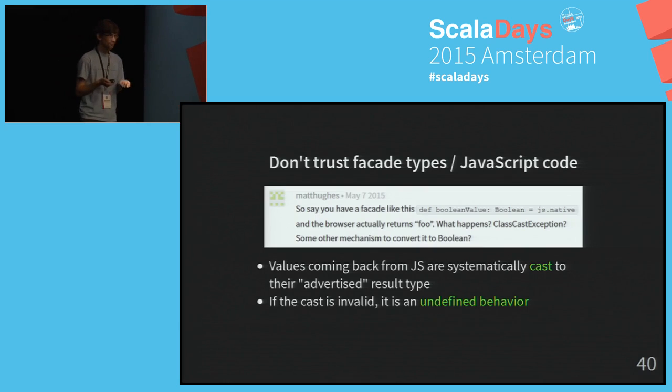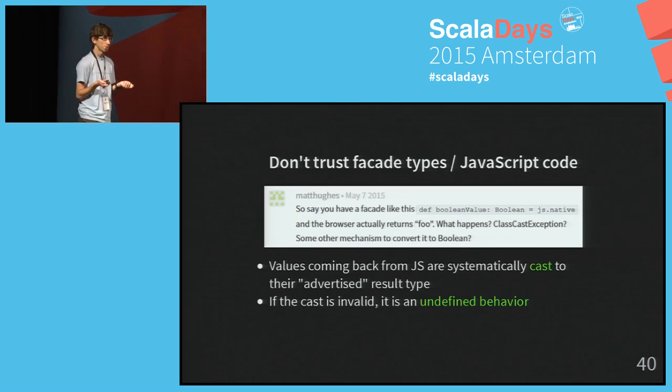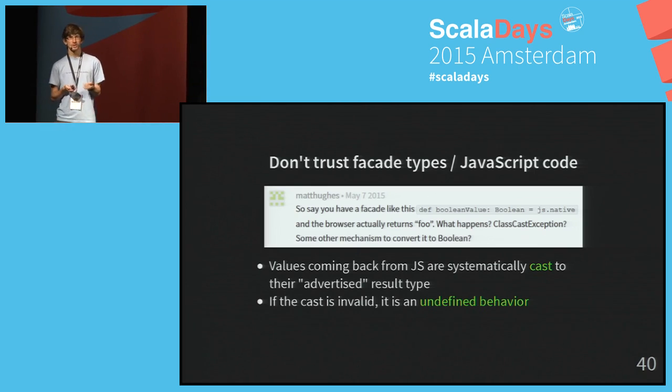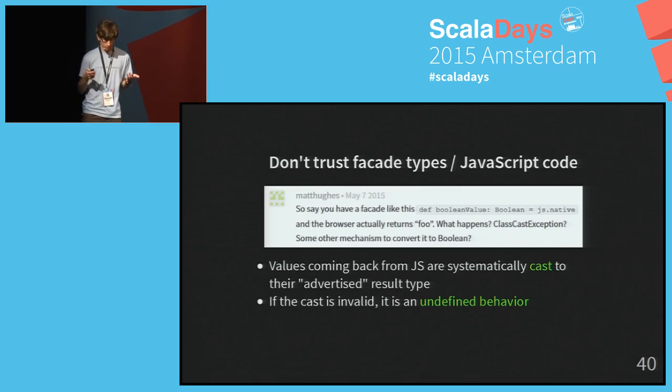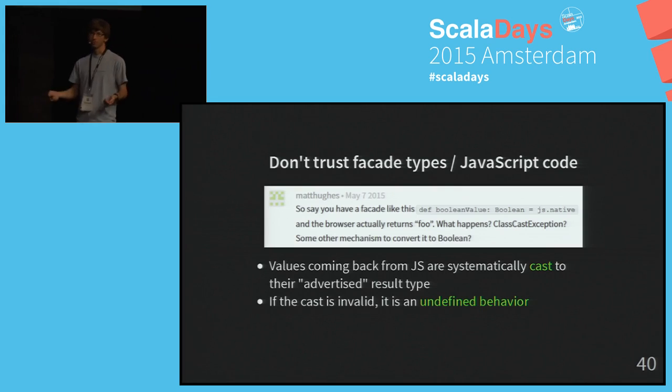Why? For essentially one reason, which is, I would say, mostly performance oriented. Because if you cast it now, then after that, you know this is going to be a Boolean, say. And if you know this is going to be a Boolean, and there is no way it cannot be a Boolean because we've checked it before, then that means the optimizer can use the knowledge that this is a Boolean or an int or whatever to optimize your program further at will.